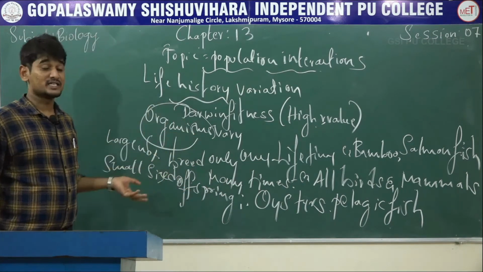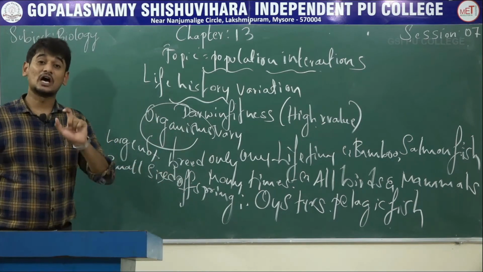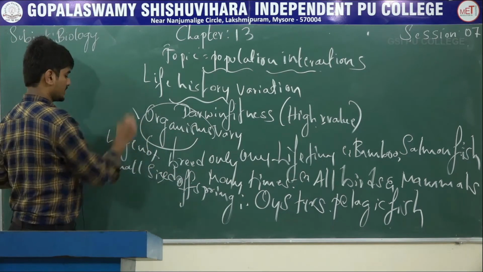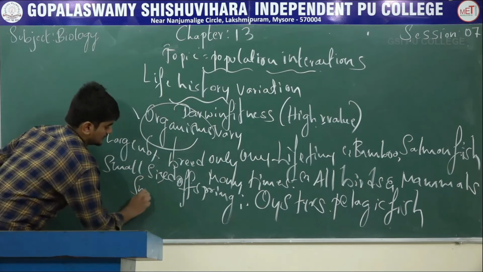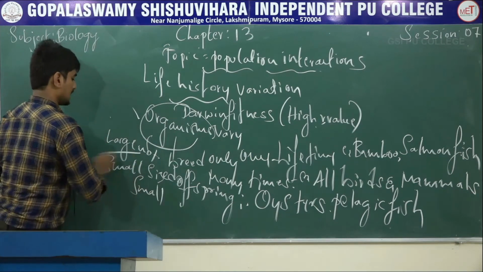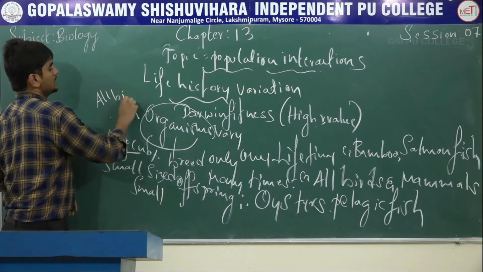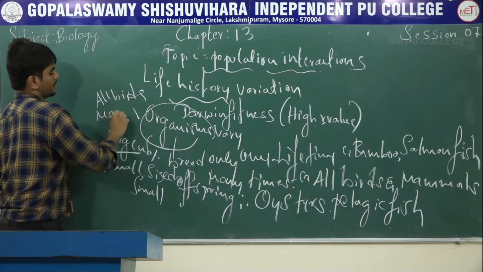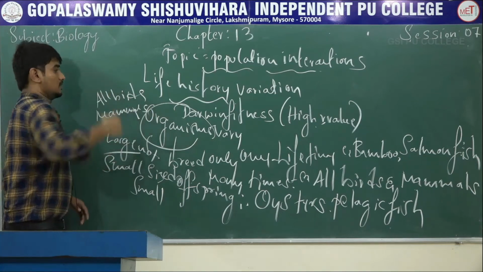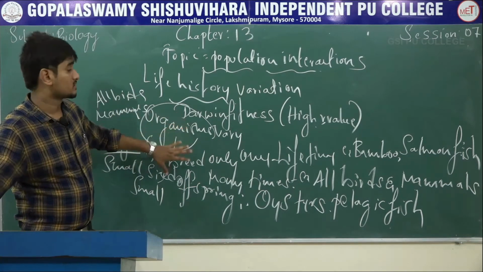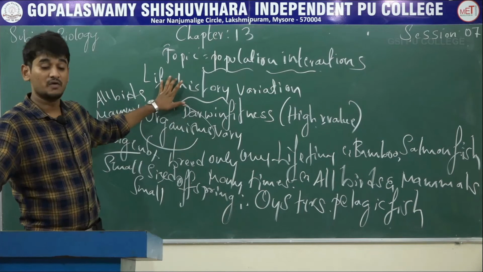And some organisms produce a small number of large-sized offspring. Examples are all birds and mammals. So these are the concepts about life history variation.